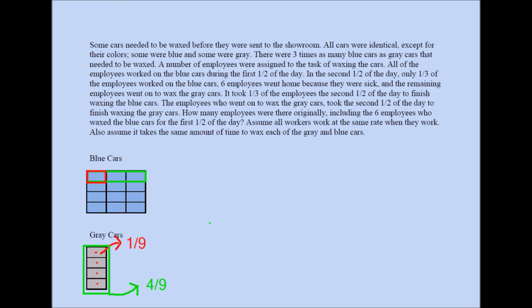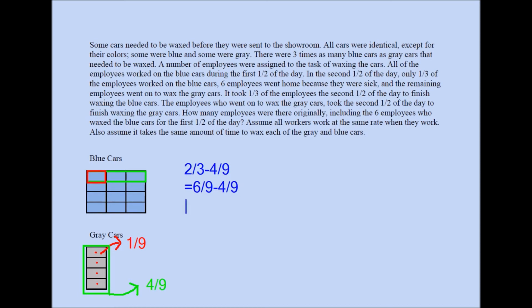We're almost getting there. Now let's do the math. We do know that 2/3 of the employees didn't work on the blue cars. So I'm going to start with 2/3 and I'm going to subtract 4/9. Why? Because these are the people who went home, and I know exactly 6 people went home. This is equal to, to have the same denominator, I can write 6/9 minus 4/9.